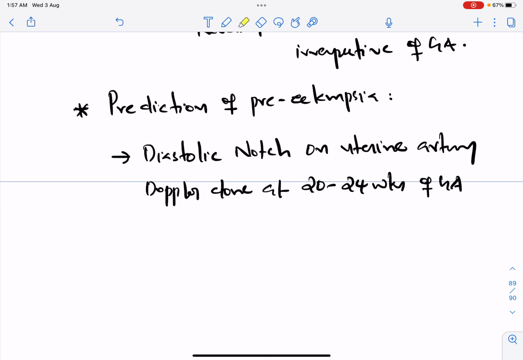It will suggest there is a chance for preeclampsia.